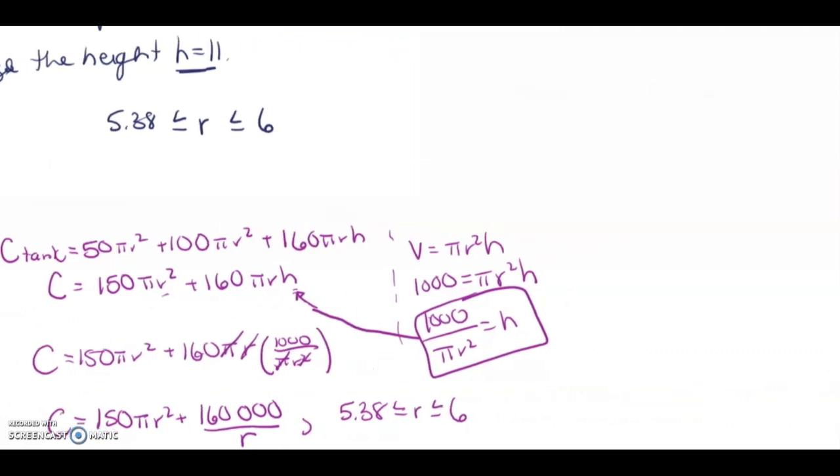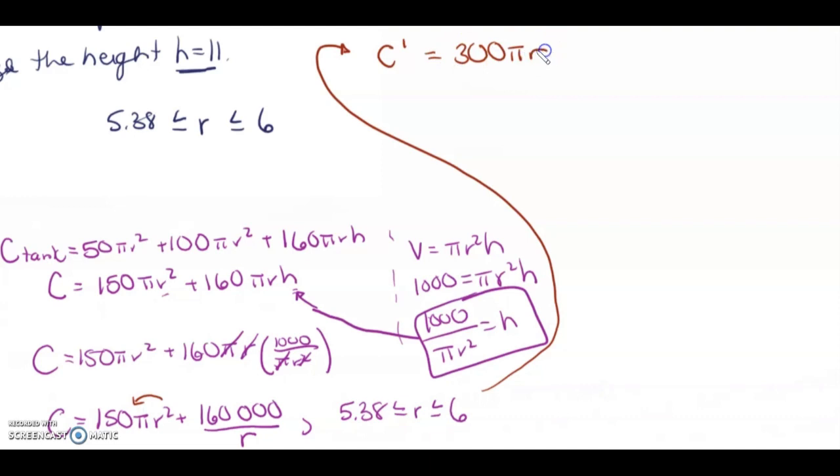Okay, let's bring this up. So now we are going to find the derivative. So c prime equals, if we bring down the 2, we get 300 pi r, and then for the 160,000 over r, we get negative 160,000 over r squared.